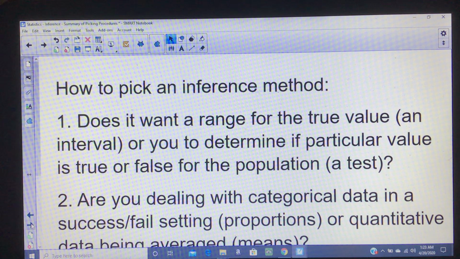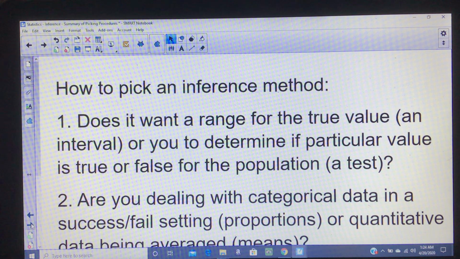Now, usually the context of the problem, this is one of the easier ones to pick as to what you're doing. Basically, you need to ask yourself one of these 2 questions, or ask them both, and which one does it fulfill. So in number 1, you're going to ask yourself, does it want a range for the true value? If it wants some range for the true value, you're going to make a confidence interval.